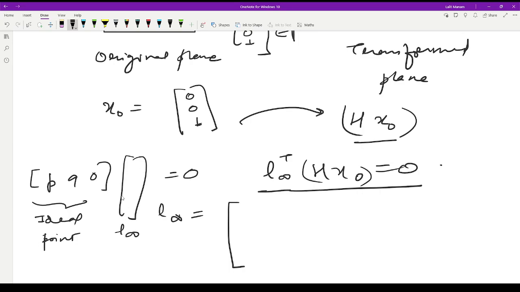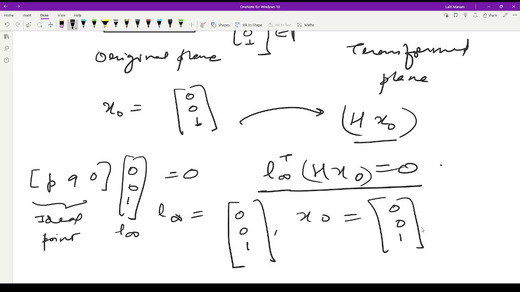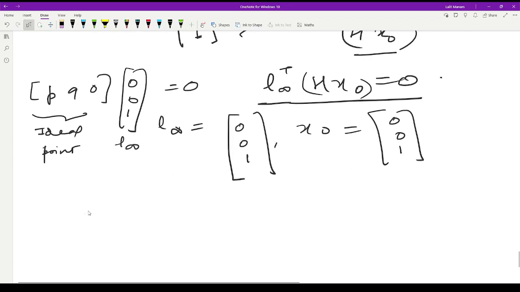What is this line at infinity? How does it look? 0, 0, 1. So given that we have the line at infinity as 0, 0, 1, and x naught as again 0, 0, 1, right? If you place this here, I'll just write out the elements.